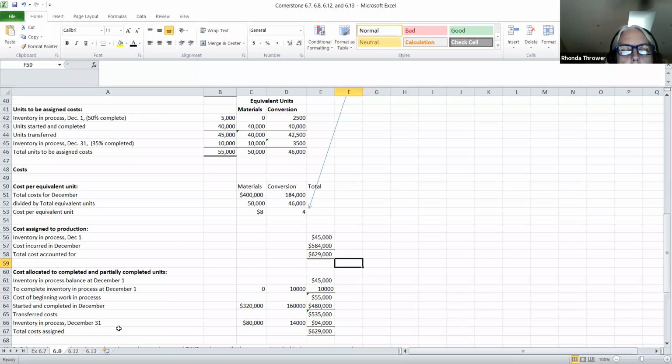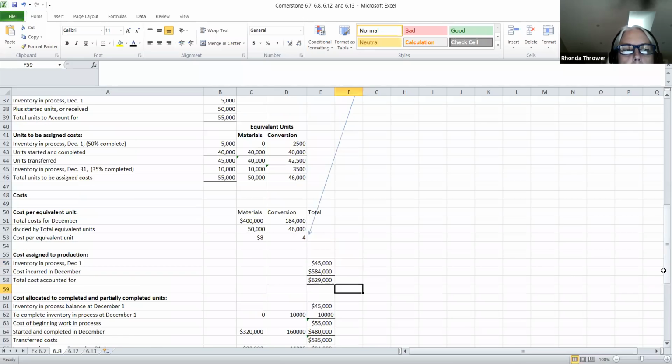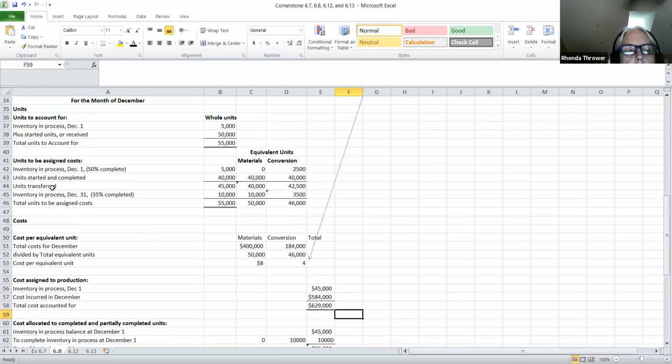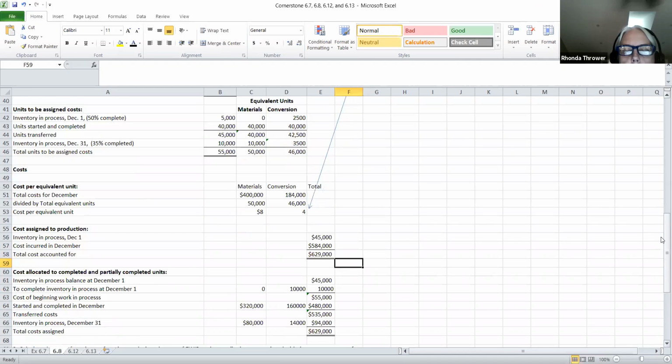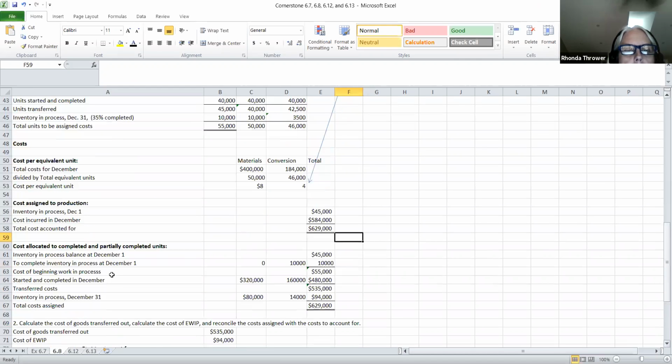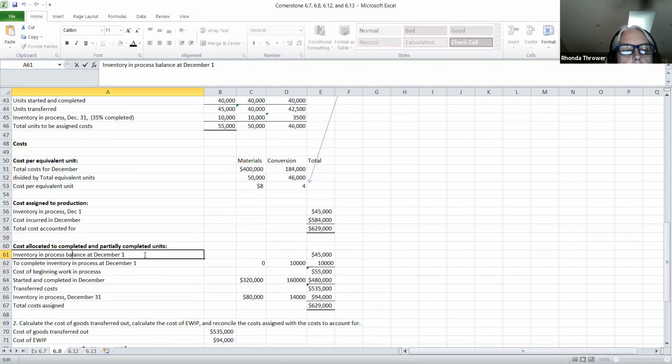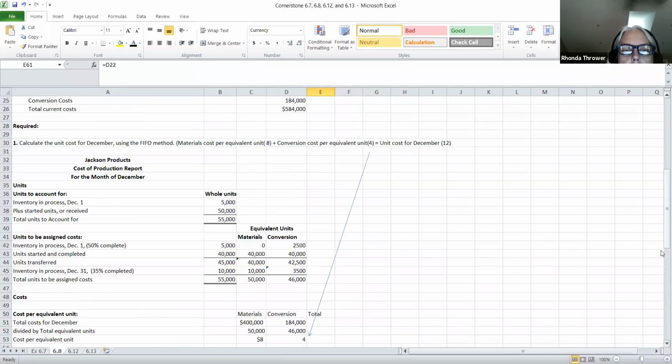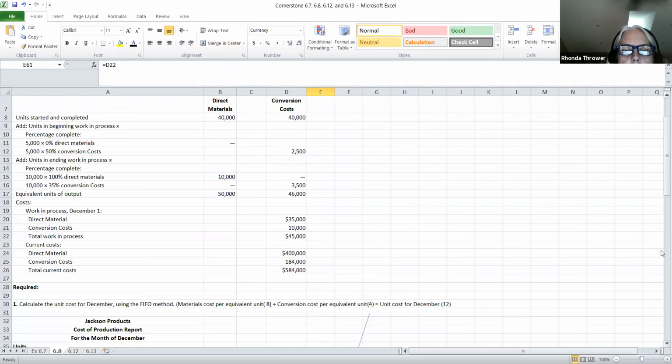This is a breakdown very similar to how we broke down our units here. We're going to start with our beginning inventory and assign cost to it. Our beginning inventory had a balance that was brought forward from the last period. That balance was 45,000. That was given. Your 45,000 is given right here.